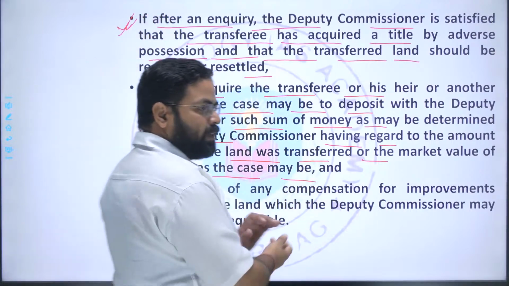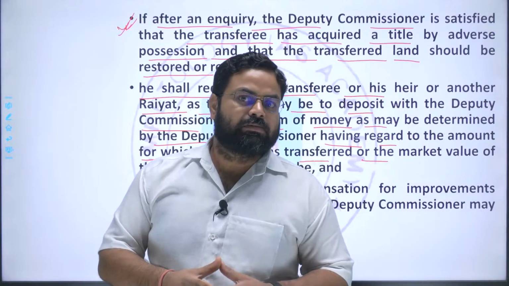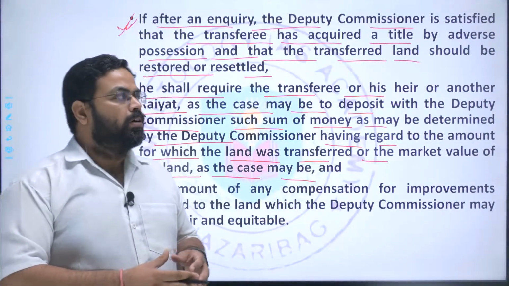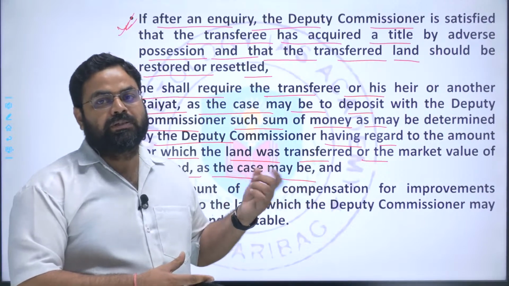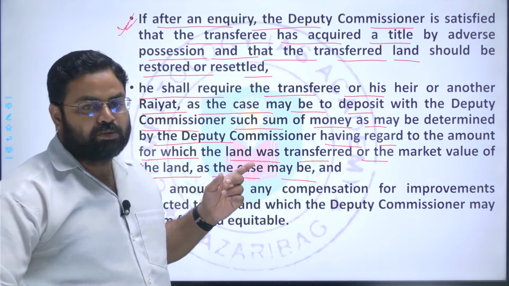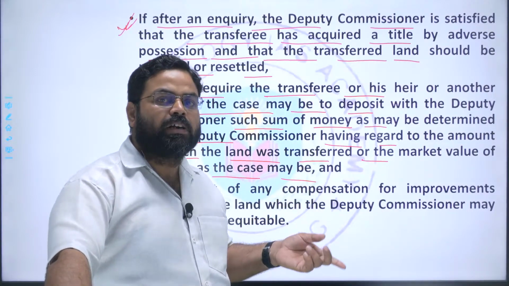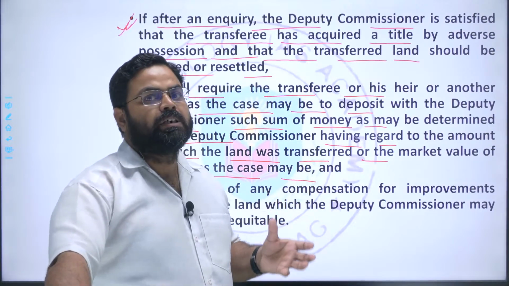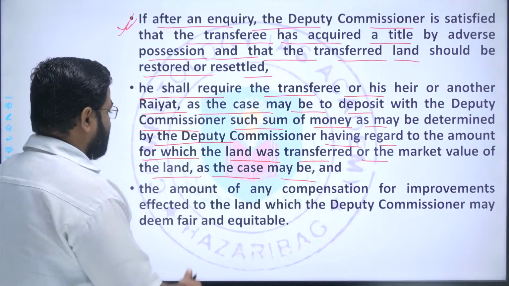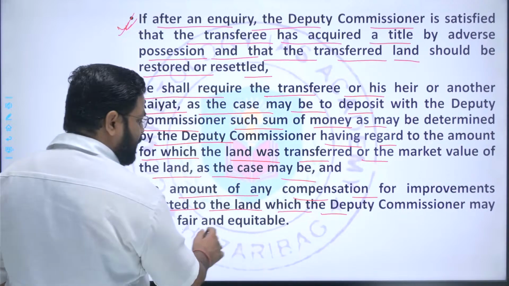So if in any case the land was sold by a tribal person, and if the DC observes that this transfer was in contravention of subsection 1 and subsection 2 of section 20, and if he thinks that this person should be evicted from this adverse possession of the land because this is tribal land, then in such a case, if the land was sold, the DC will order the transferor to deposit a sum of money that will be determined by the DC, for which the land was transferred or the market value of the land, to the DC office, along with the amount of compensation for the improvements effected to the land which the DC may deem fair and equivalent.